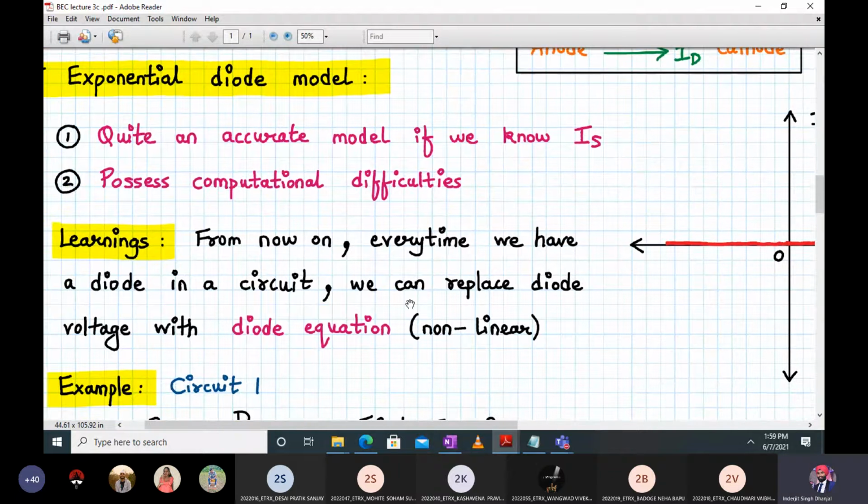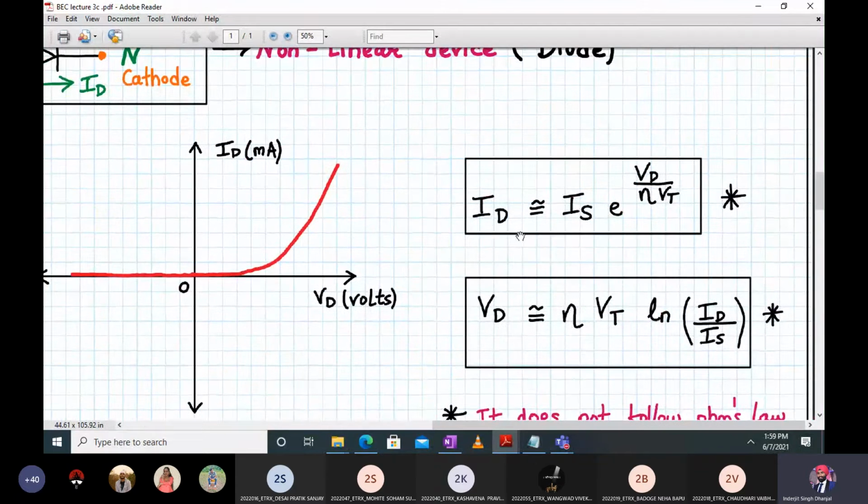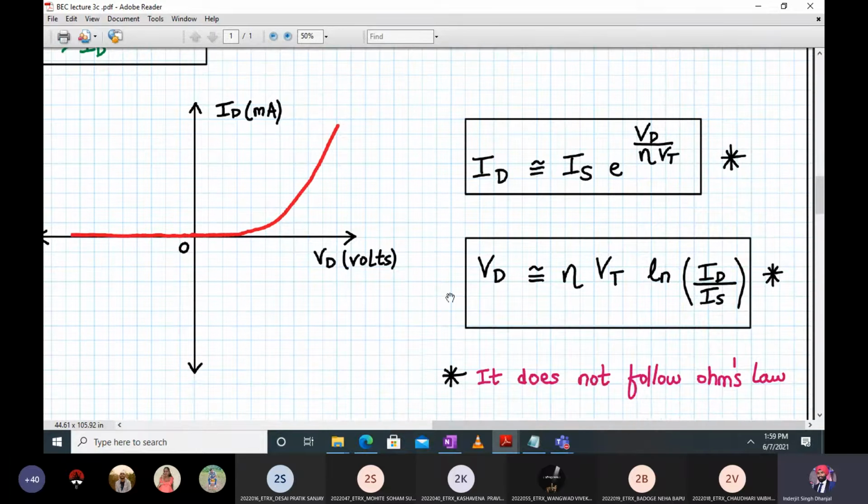In a circuit, we will replace the diode voltage by its diode equation, which is non-linear. What do I mean by that? Let's say we have the diode equation ID approximately given by Is times e raised to Vd upon eta Vt. That can be rearranged, and you can write it in terms of diode voltage.